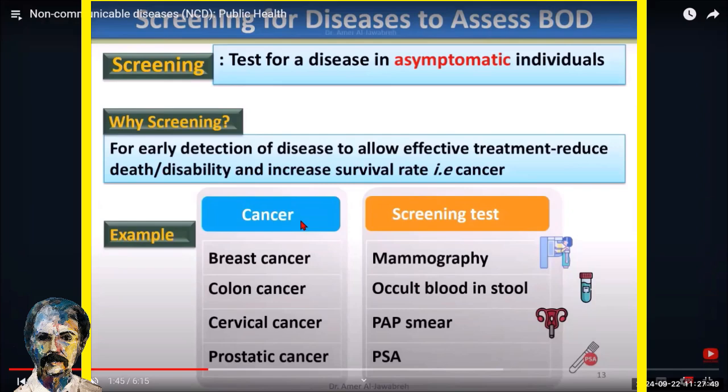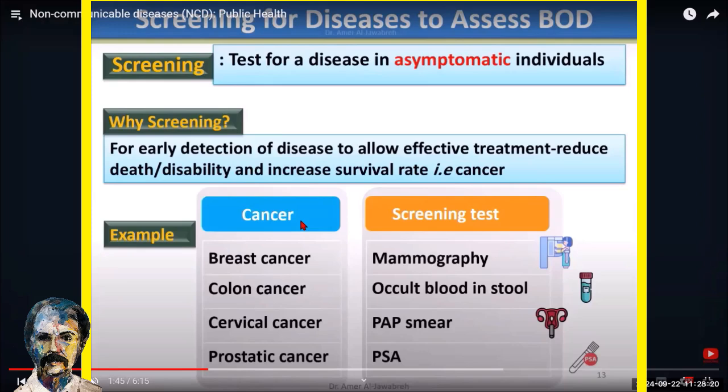Exactly, hidden blood. Usually in colon cancer, there is blood coming out because there are polyps on the walls of the colon, and these polyps are scratched by the stool and then they bleed. At the beginning, you don't see the blood, so that's why you have to test for it. You don't see it, but in the test it's positive. But by the time you see the blood, then it's too late. So that's colon cancer.